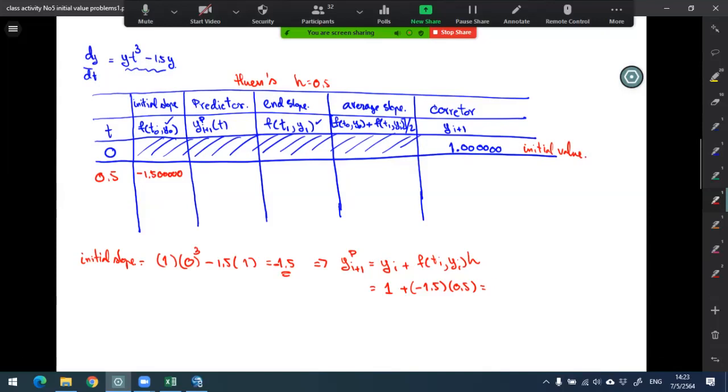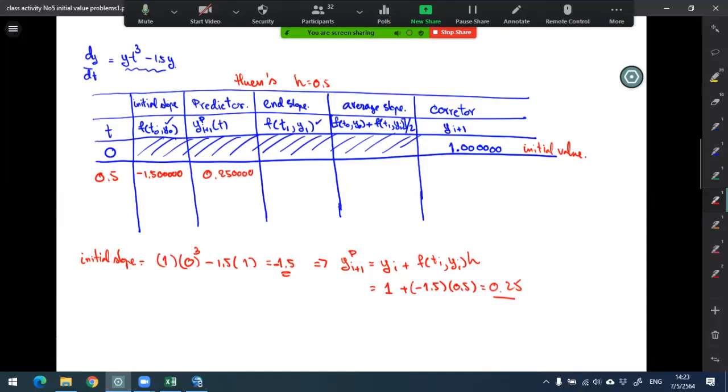Okay, this becomes 0.25. Okay, so the predictor becomes 0.25. Is it correct?